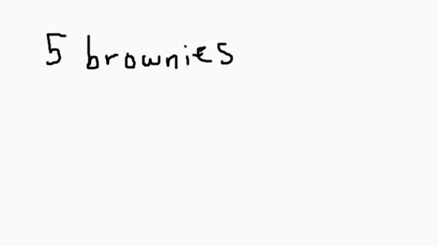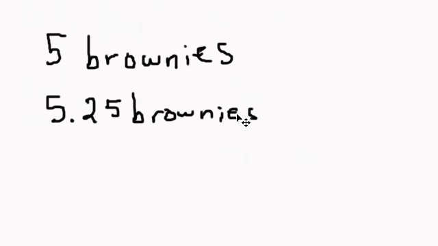But if I were to say I have 5.25 brownies, then you're gonna be like, wait a minute, 5.25, how sure are you that you have 5.25? Like, how can you possibly be sure? Because for 5 brownies all you have to do is count, but for 5.25 brownies, how do you count that?